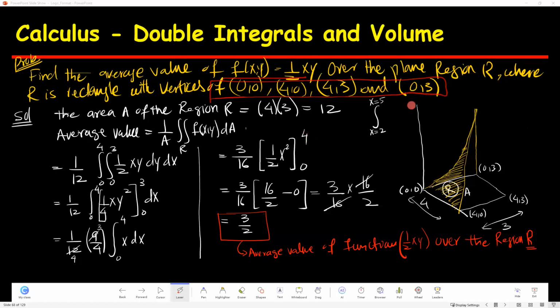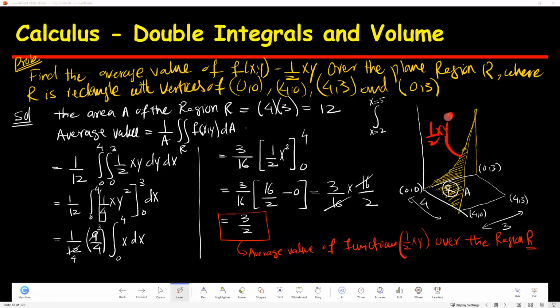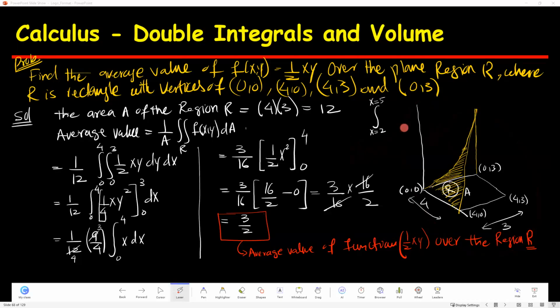The 3rd kind of problem, nothing is given but just a picture graph, and you have to create it. Maybe they can put here and say this is half x y squared, right? And by looking at this, you have to create the double integral on your own, writing like this, saying, oh, this is my function, something like that. So we did all 3 kinds of problems and multiple problems for all of them.